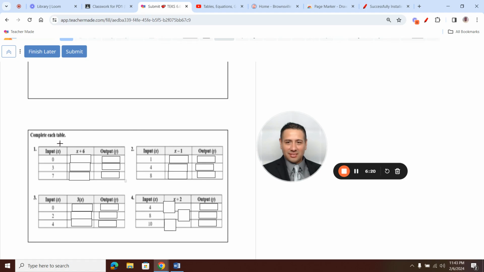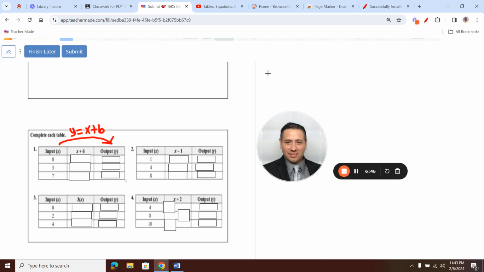So here we have the x over another ratio from x to y. Okay, so they already told me that the relationship is plus 6. Find out the equation is going to be y equals x plus 6. It's right there.